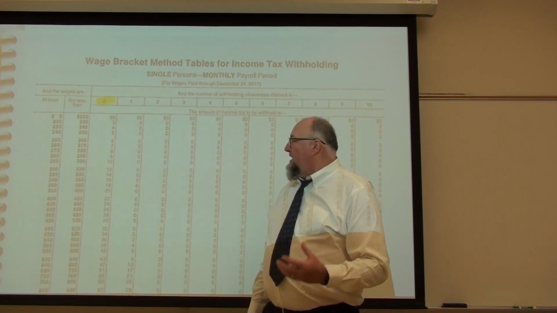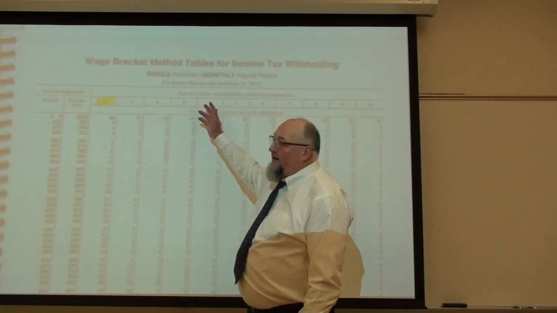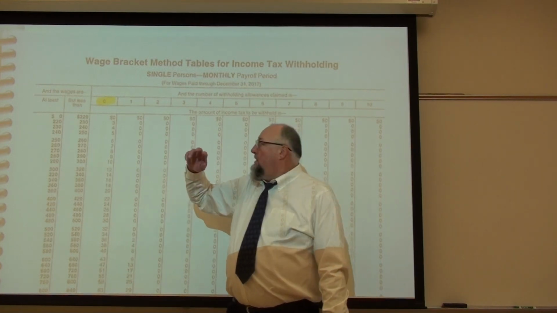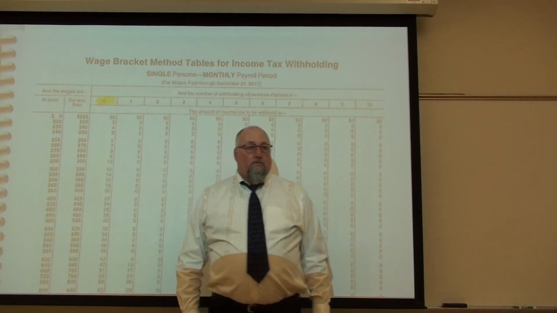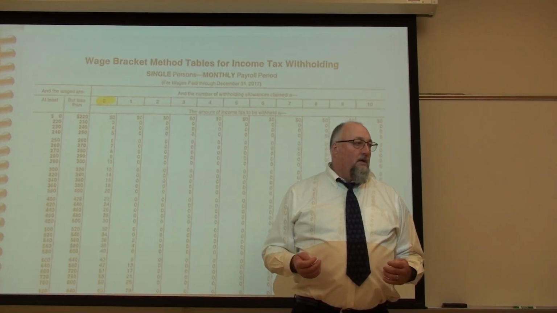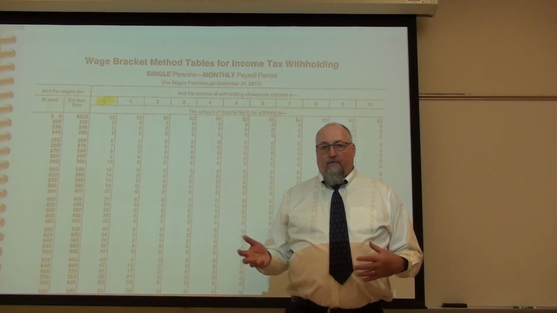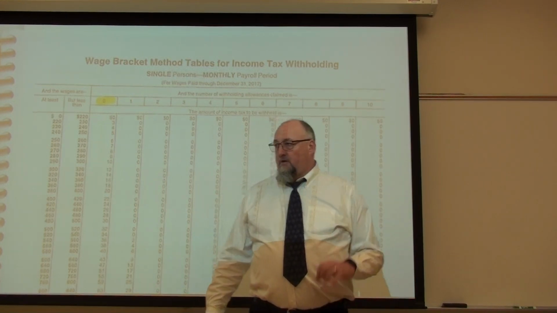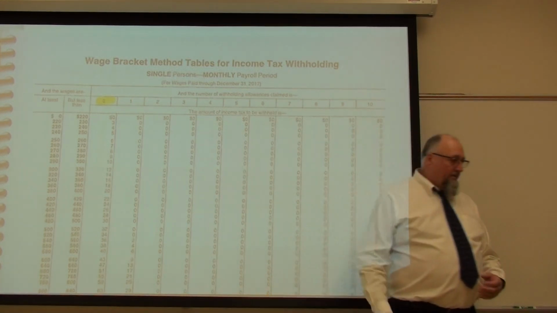So I just want to show you kind of how this works. So let's say I have an employee, they're going to be paid $1,000 a month, and they're claiming zero exemptions. They're single, they want to withhold the maximum amount of tax, so they don't have to cough up money every year, so they get a refund instead. So you want to make sure you hold that back.